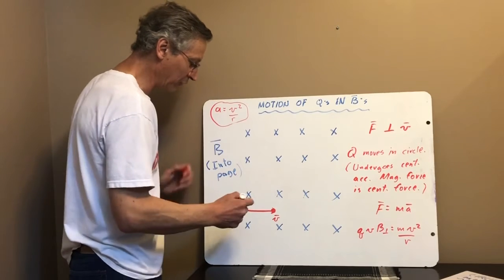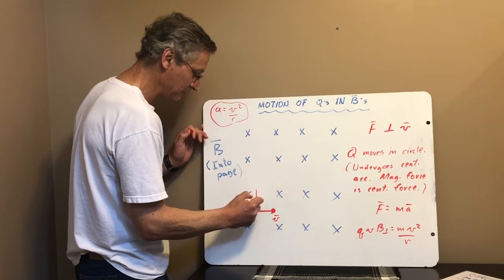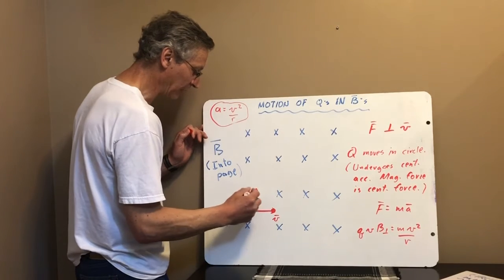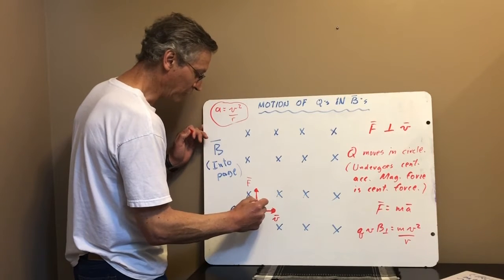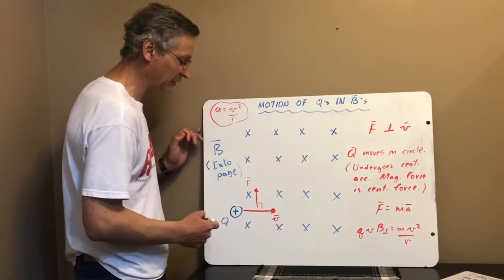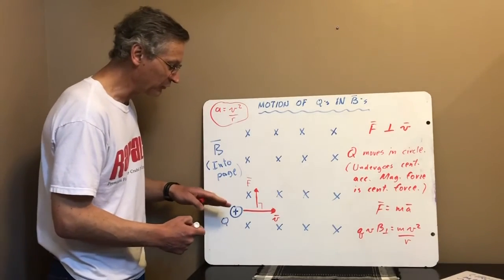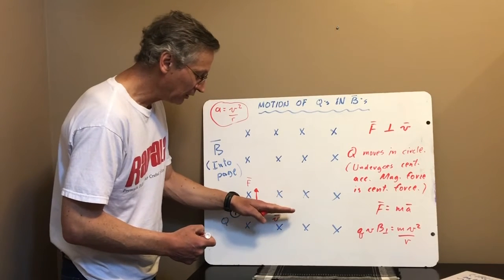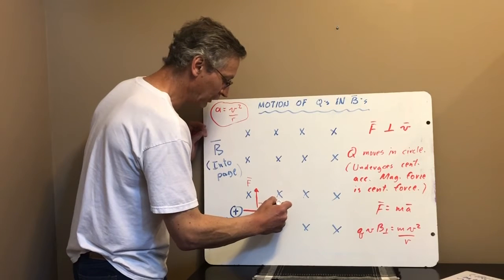So this thing is going to feel a force in that direction, like so. Notice the force is perpendicular to the velocity, so this thing is going to want to move in a circle. So the next little while, it's going to have a velocity tilted upwards, like so.